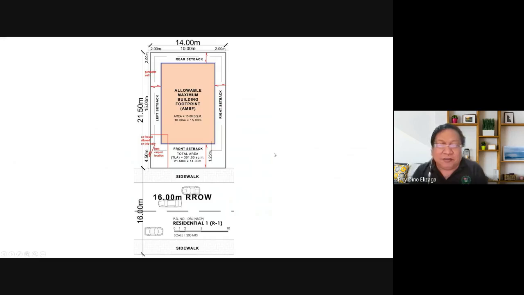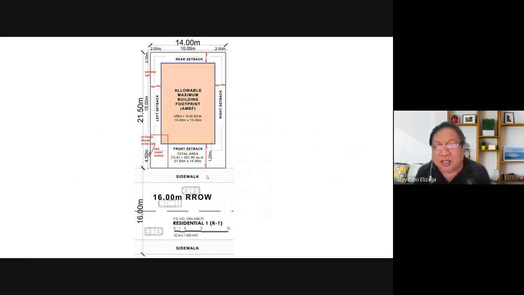Okay. So these ones are based on the National Building Code, but the graphics are done by someone else outside. So it's not an official graphic.